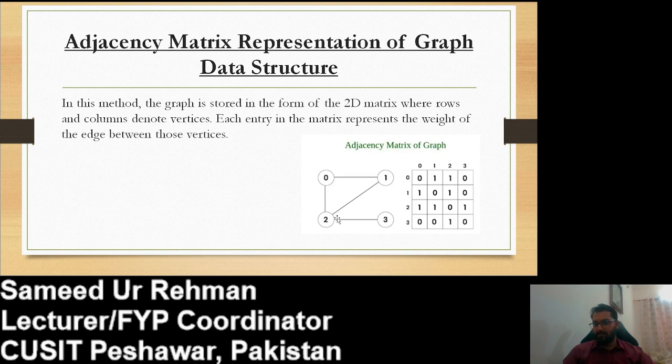So we can conclude that there is no loop in this graph. The same applies for 2: from 2 to 0, yes; 2 to 1, yes; 2 to 3, yes; and 2 to 2 is 0.